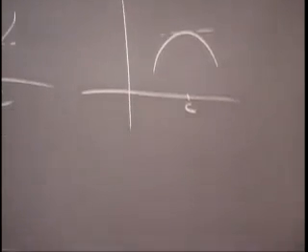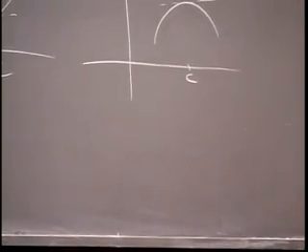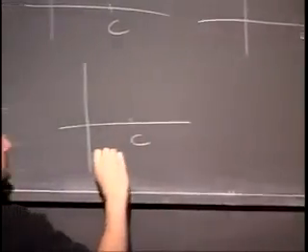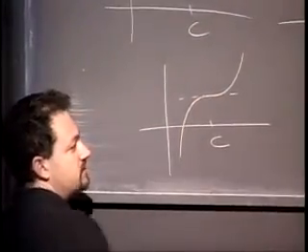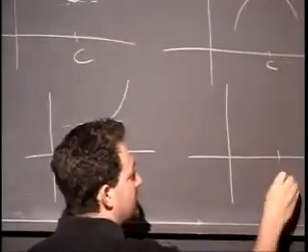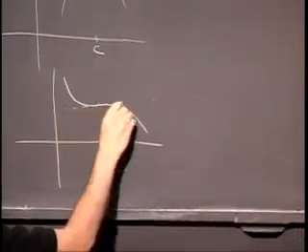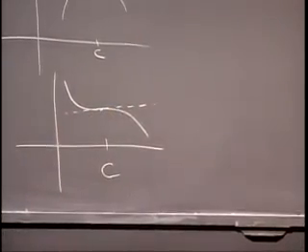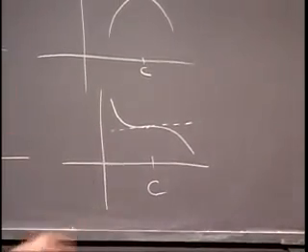But you could also have a horizontal point of inflection. And there are 2 ways that that can look, or at least commonly. So really there's 3 possibilities, 4 different pictures of it.